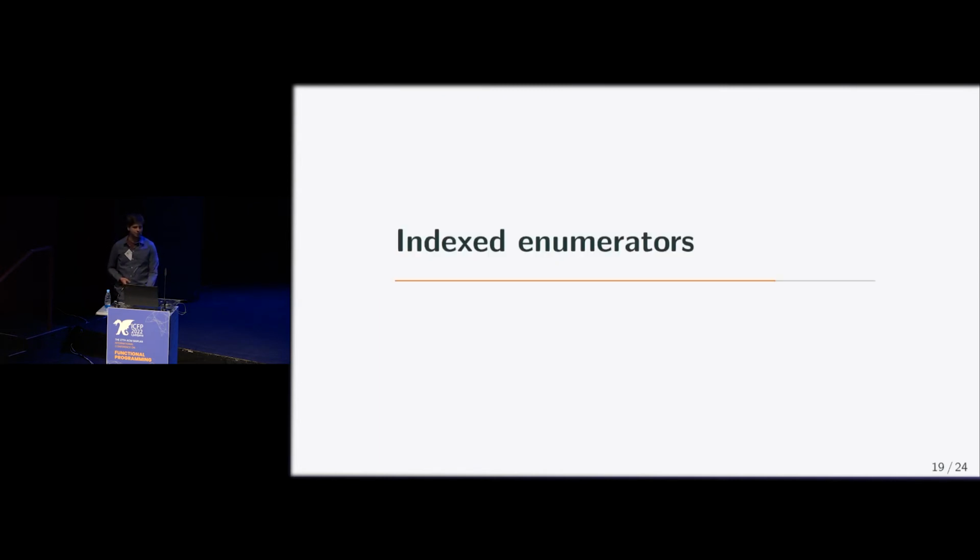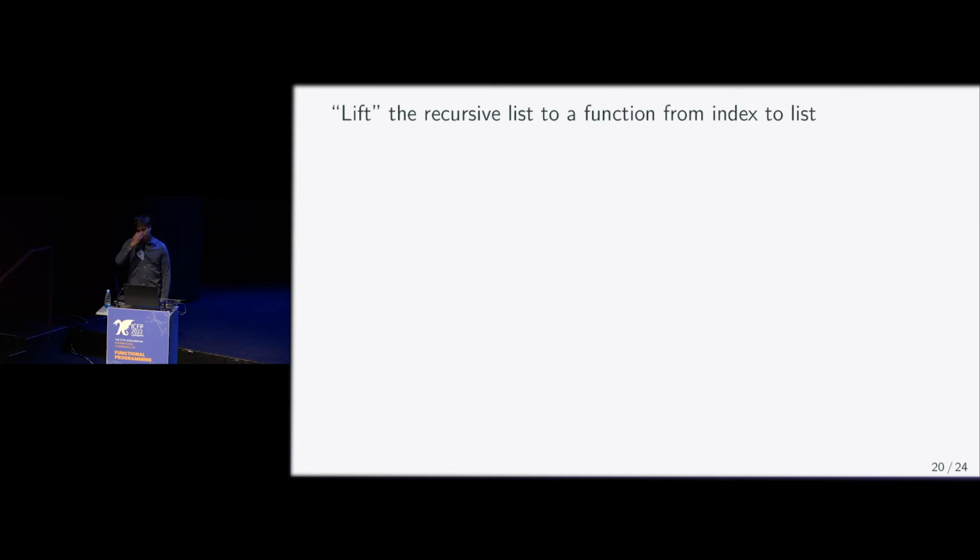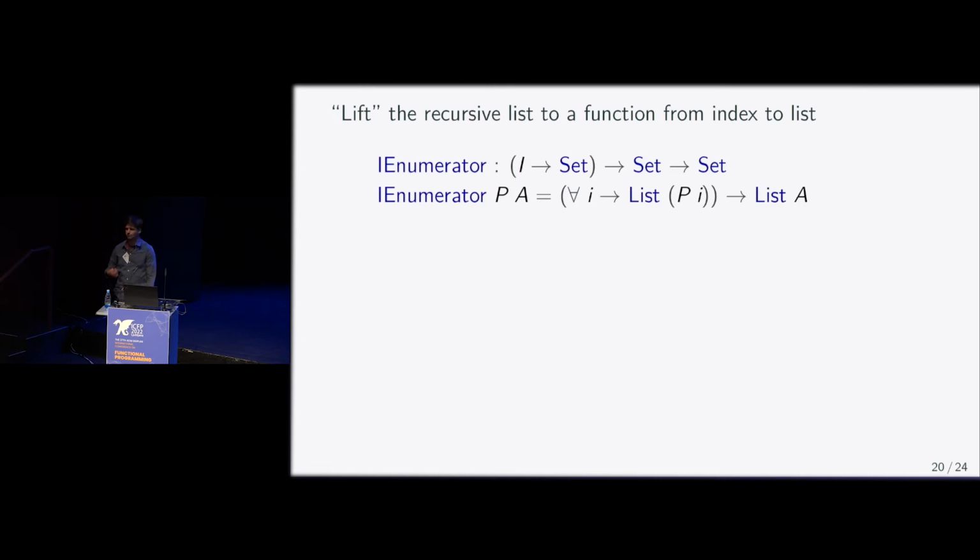So this is all nice and good, but then the question is, how do we move to indexed families? So the idea here is that the recursive arguments that we had in the definition of enumerators, we can lift that to a function from index to list, which gives us this thing, the I enumerator, which now takes as its first argument, which stands for the recursive occurrences, a function from index to set.